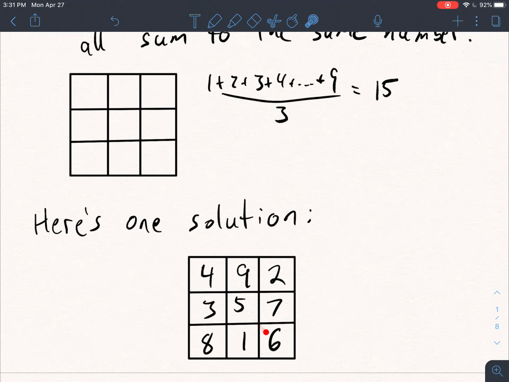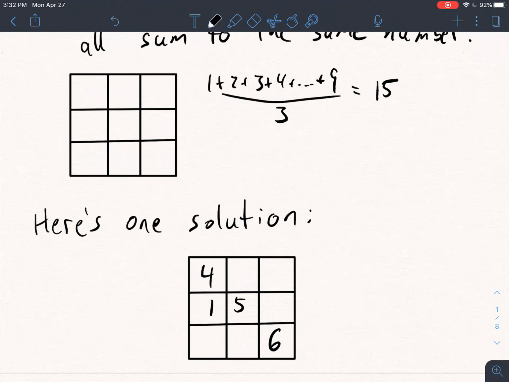Okay, I'm going to assume that you've had a chance to try this. Here is one solution. You start by putting 4, 5, 6 along the first diagonal, and I'll tell you how you might find it if you knew that 4, 5, and 6 had to go along the diagonal to start.